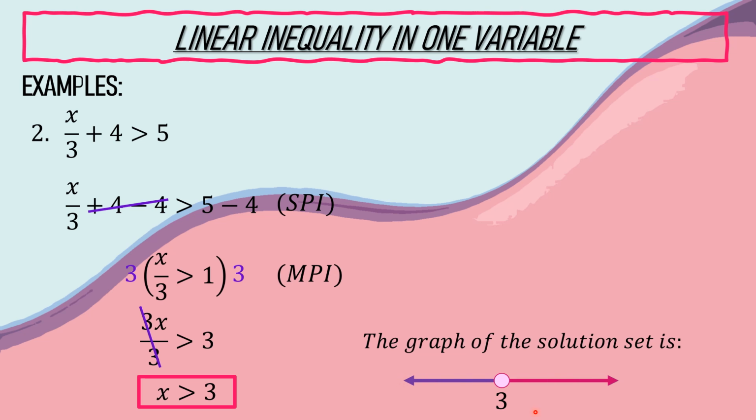And then, since walang shade ang ating dot, ito yung tinatawag nating hollow dot, meaning, ang ginamit na inequality symbol ay walang equal sign sa baba. So, ano yung mga numbers na greater than 3? So, those numbers are 4, 5, 6, 7, 8, and so on.